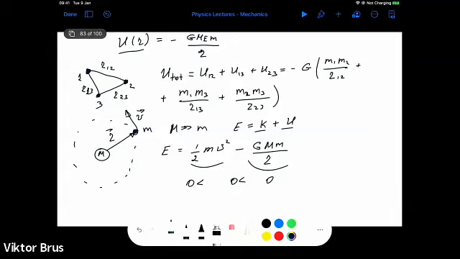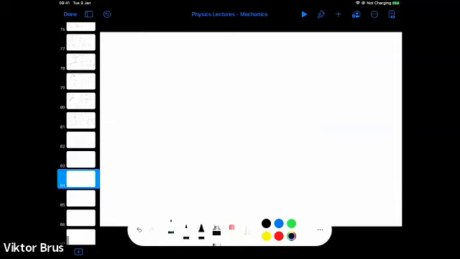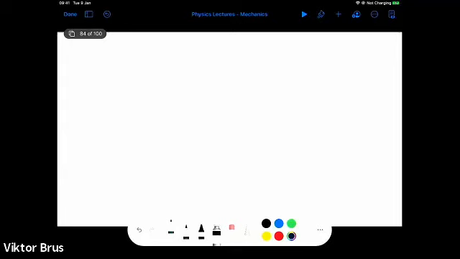So let us rewrite this equation on a new slide and try to figure out what is there. 1/2 m v squared minus G capital M m divided by R. So what we can write, since this circular orbit is stable, this satellite is moving about this central body with stable circular orbit, we can write that gravitational force is equal to m a, where a is centripetal acceleration.